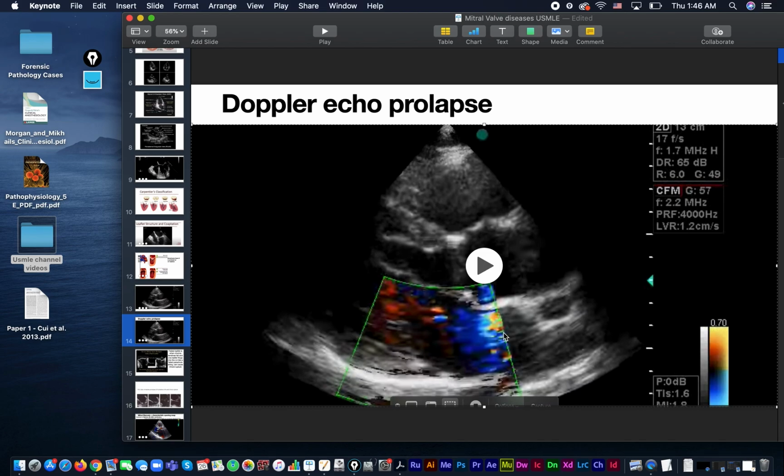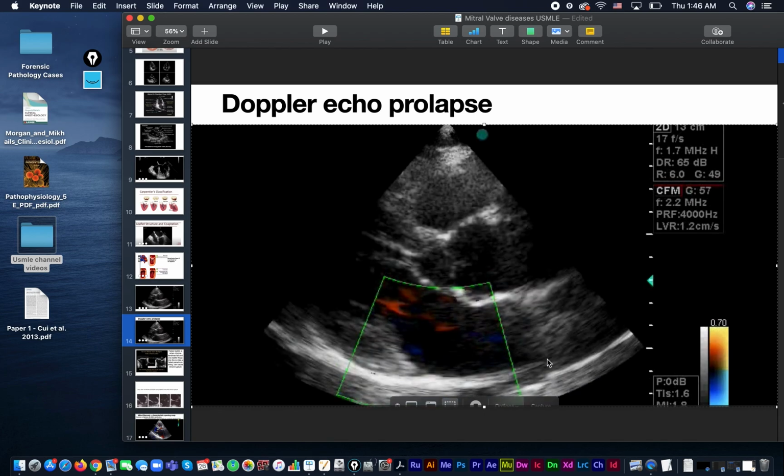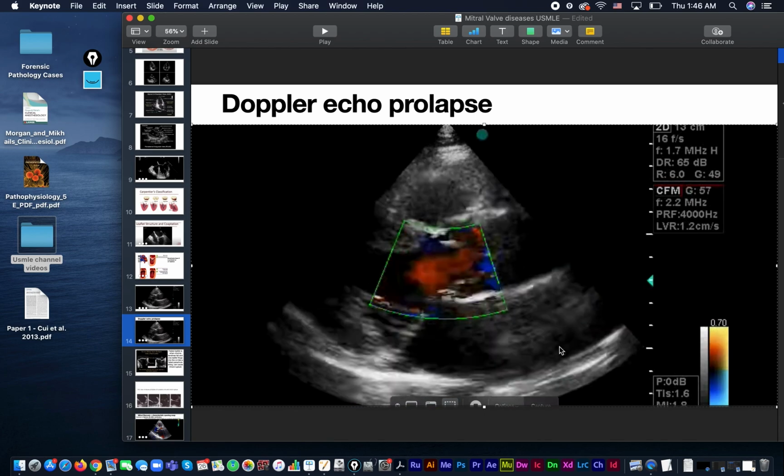In here you can see the tricuspid valve is closed, so we know we're in diastole, and you can see the blue, which is the arterial blood, regurgitating into the left atrium. Wait, it is a prolapse. This is a prolapse. Don't be afraid to change diagnosis here.